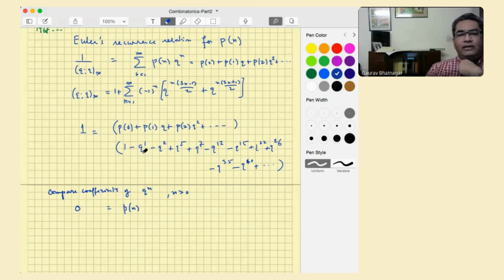Then you will get a q to the n from this other factor, so you will get p of n minus 1. So if you have the n minus 2 term here, you will multiply it by this and get p of n minus 2, plus p of n minus 5. Do you see what I'm doing?